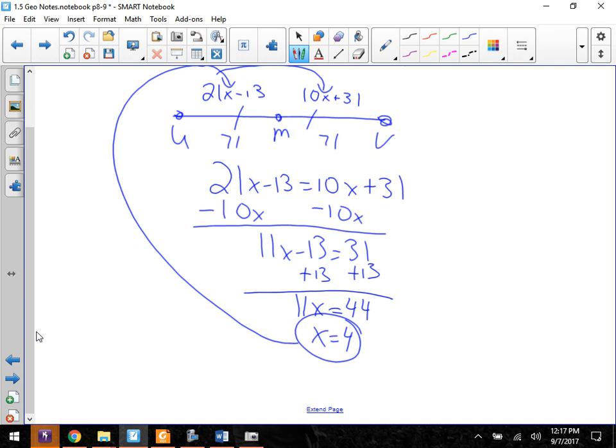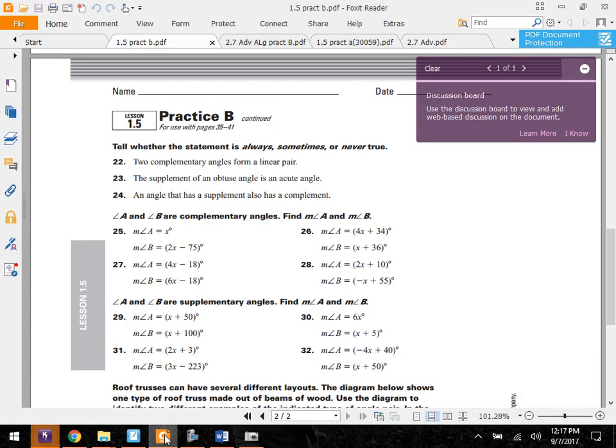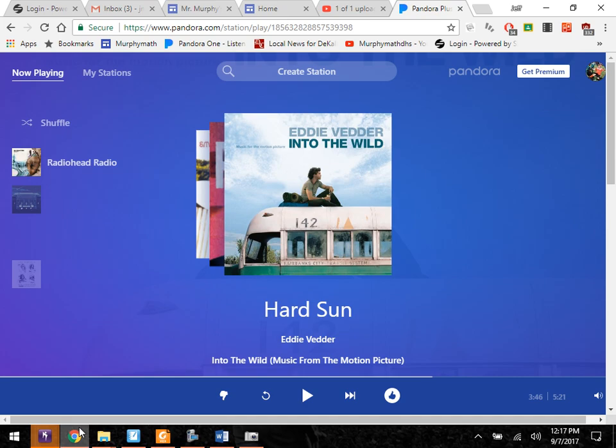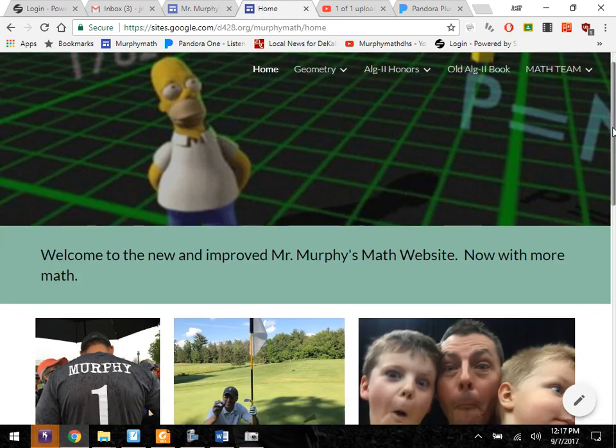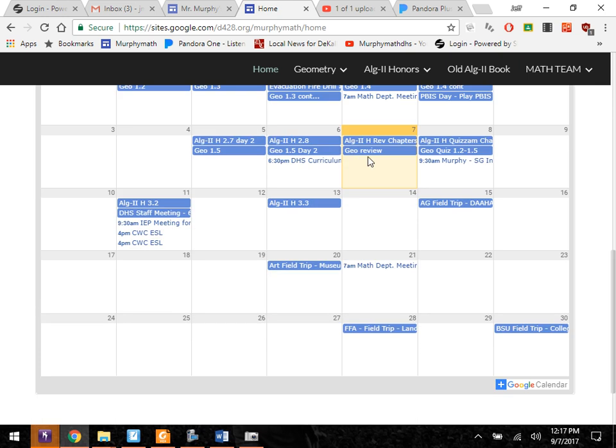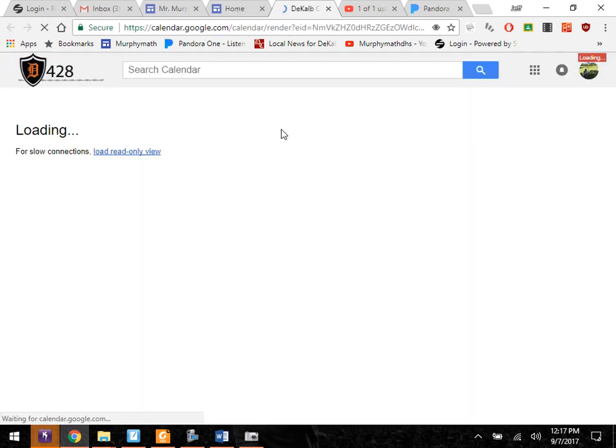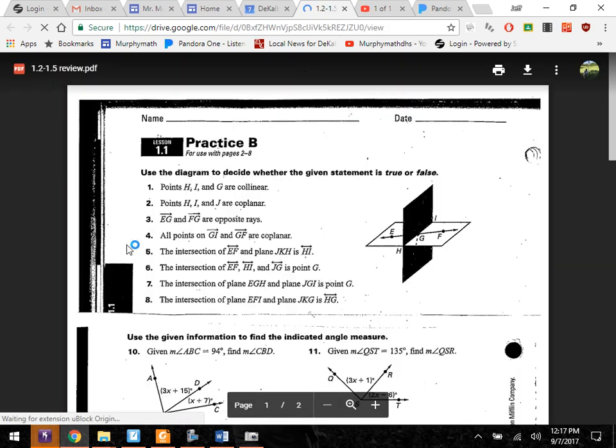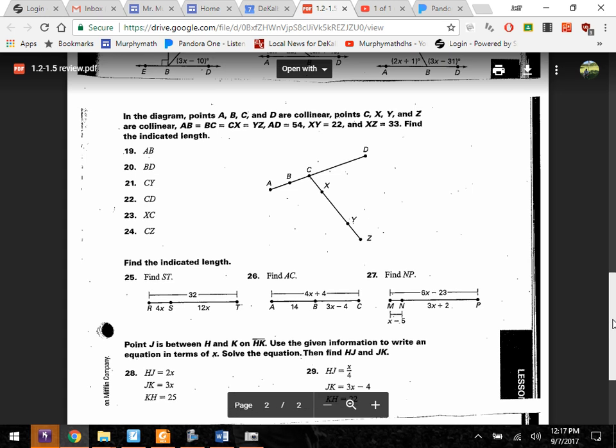Flip over to the other side where it has this awful looking T-looking diagram.